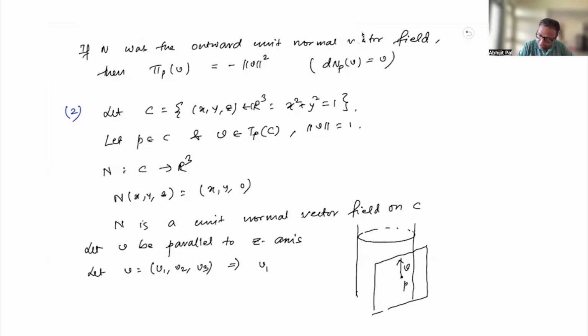Let us take B1 equal to C1 and B2 equal to C2.